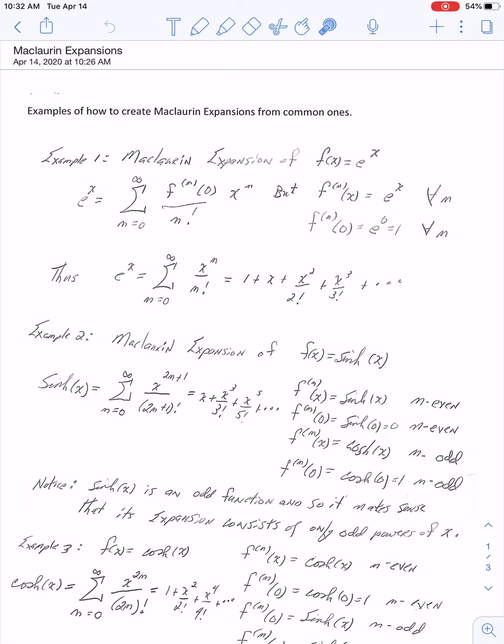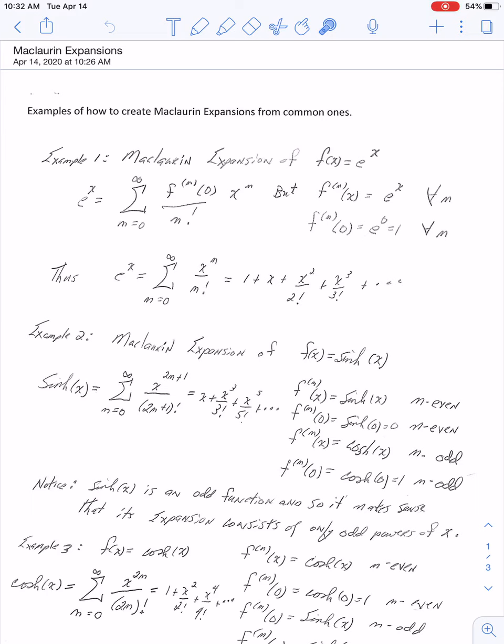Well, it shouldn't be hard to figure out. F upper 0 is sinh. F upper 1 is cosh. F upper 2 is back to sinh. F upper 3 is cosh. Get it? So it alternates.